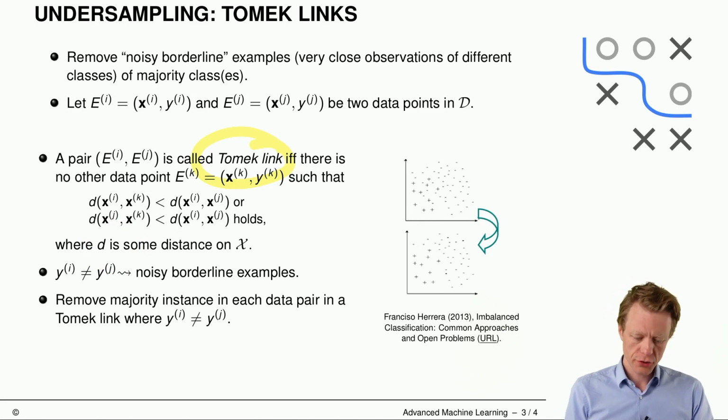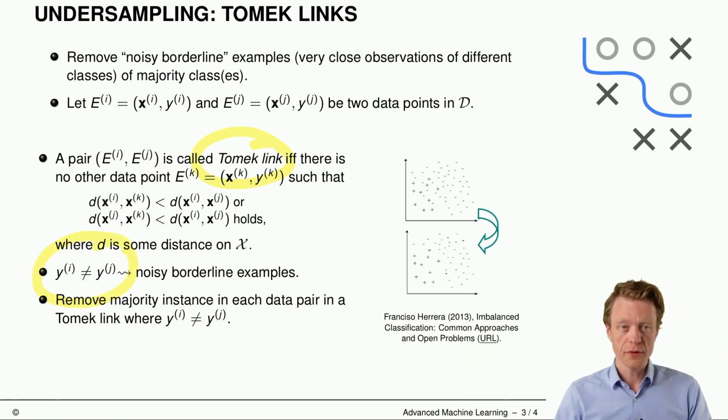So if these two observations have differing classes in the data set, so are not from the same class, so let's for a moment just think about a two-class example of minority and majority, then this pair is a noisy borderline example. And then we remove the majority instance from that pair.